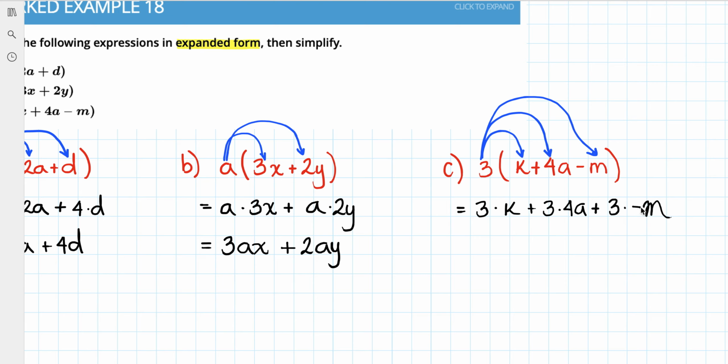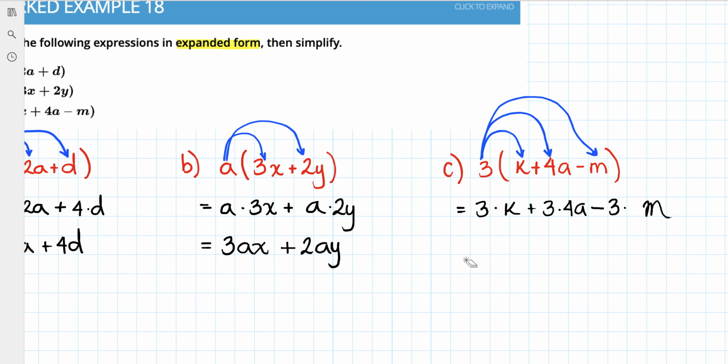When I multiply these ones, a positive times a negative is going to become a negative. Okay, girls? So because it's 3 times that one, this symbol is going to be a negative symbol. You saw what I did? 3 times negative m. I'm keeping the symbol of negative m because positive times negative is negative.